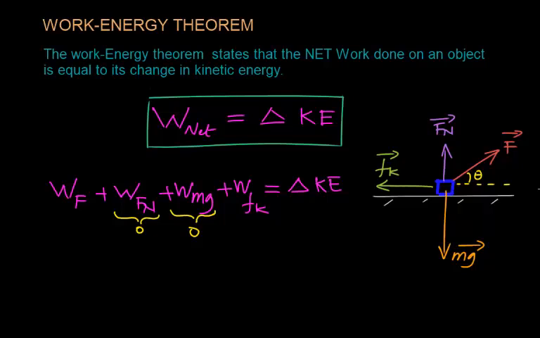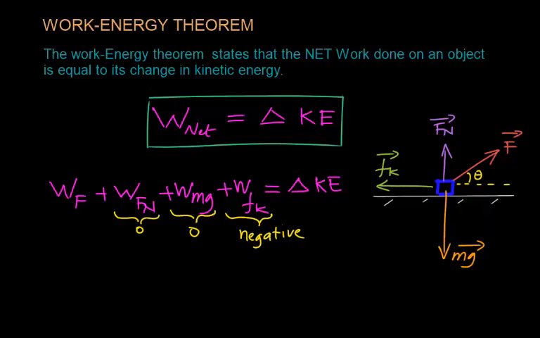That's always true, by the way. The friction force always acts in the opposite direction of motion, which means what? The angle that is made by the friction force and the displacement is always 180, which makes the friction force always do negative work. I hope this clarifies the work energy theorem.